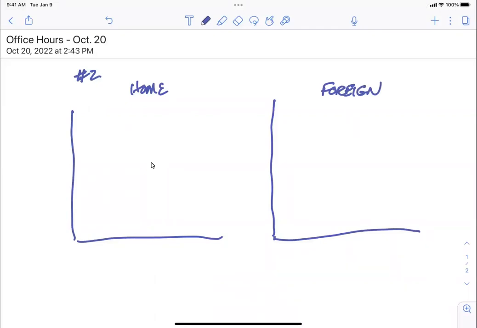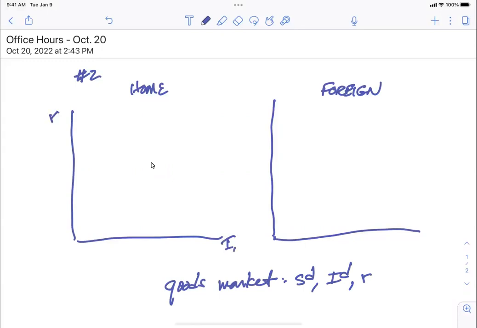Now, I'm going to draw. What we're talking about here is the goods market: desired saving, desired investment, and the real interest rate. We need to get the axes first of all, and we need to label those. Critical. I'm going to draw these curves in a very specific way.